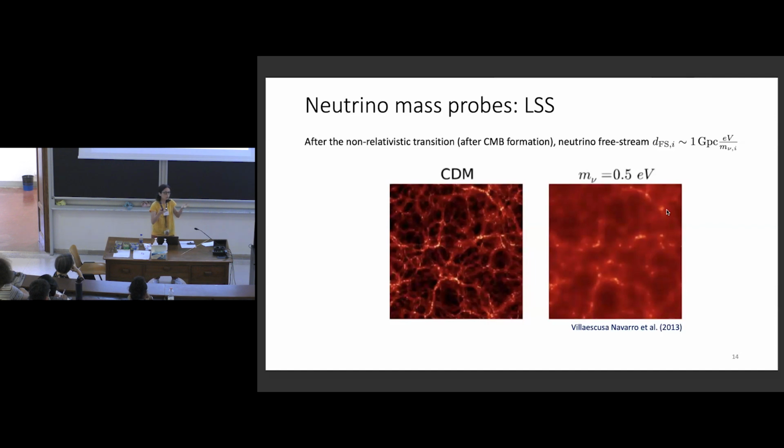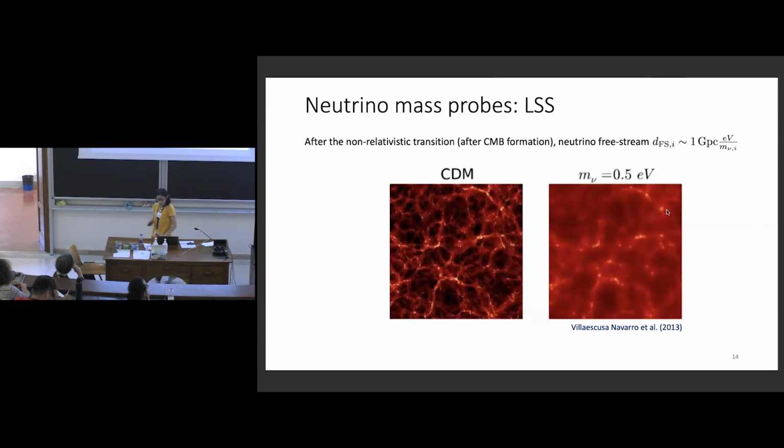So neutrinos do not cluster. What we have here are two snapshots of an N-body simulation with standard cold dark matter, and an N-body simulation with a 0.5 electron volt neutrino. And what you see is that in the snapshot with massive neutrinos, many of the small-scale structures are erased.